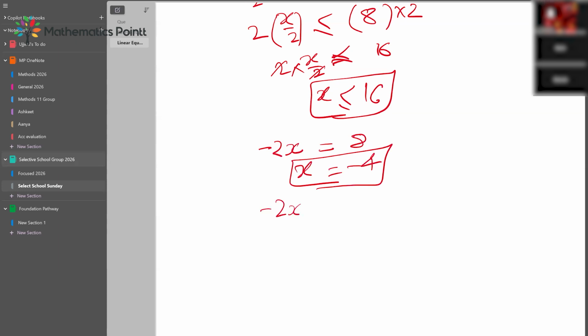Now, give me x again, in the form of inequality. Write x equals, less than, greater than, whatever you can pop in. Give me x.